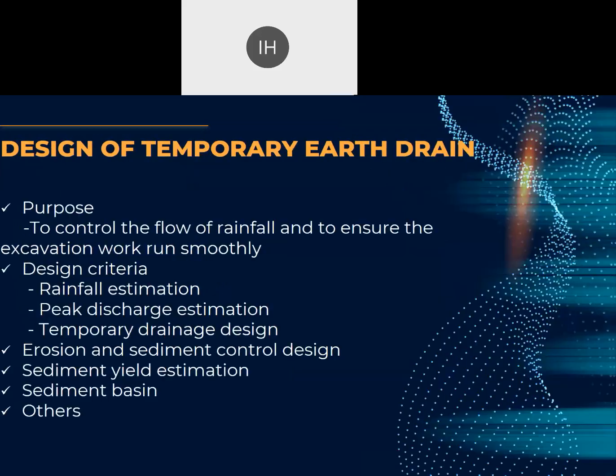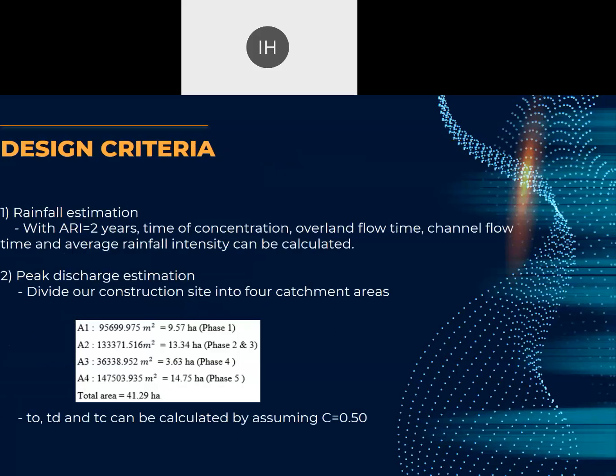The purpose of erosion and sedimentation control is to control the flow of rainfall and to ensure the excavation work runs smoothly. For design criteria: rainfall estimation, peak discharge estimation, and also temporary drainage design. It also includes erosion and sediment control design, sediment yield estimation, sediment basin, and others.